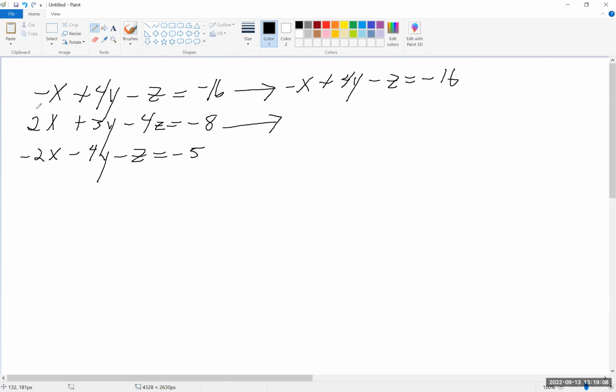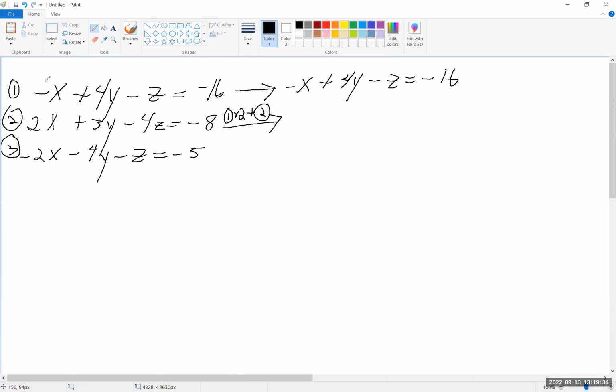Now I want to get rid of the 2x somehow. And so I'm going to take equation 1 and multiply by 2 and add it to equation 2. So this is 1, this is 2, and that's 3.